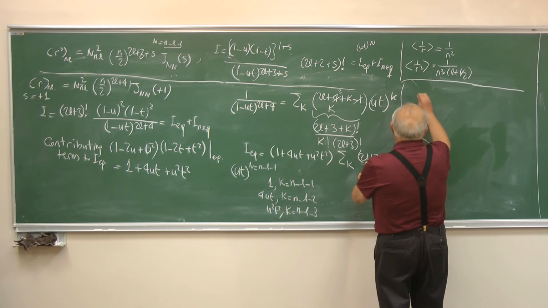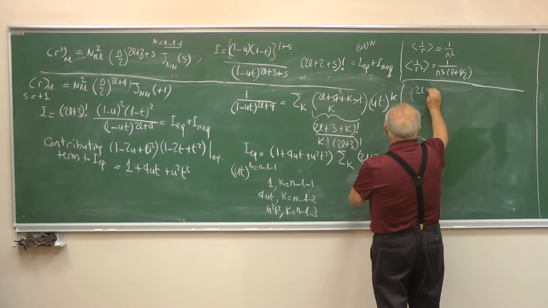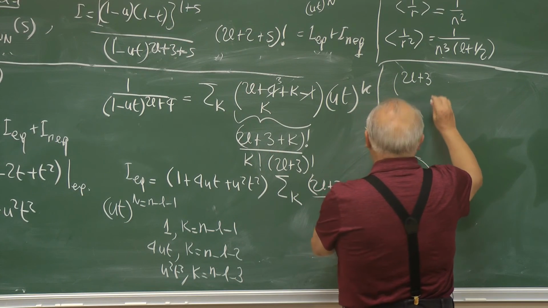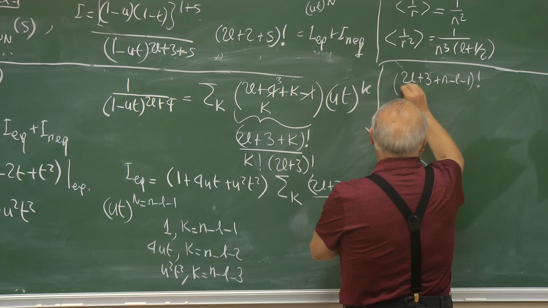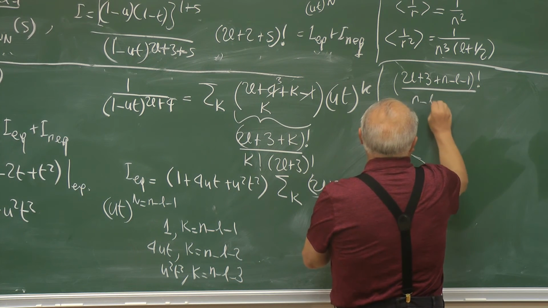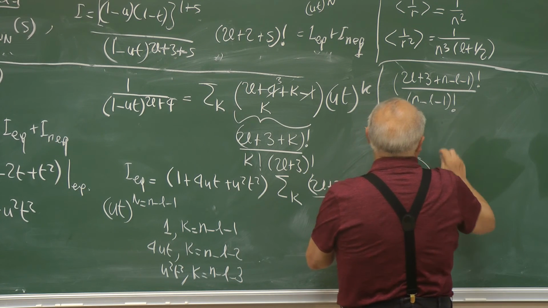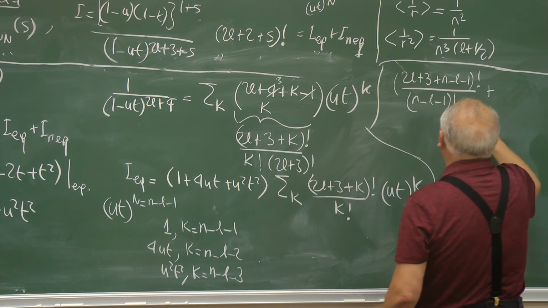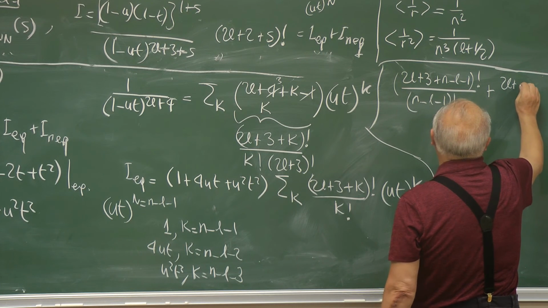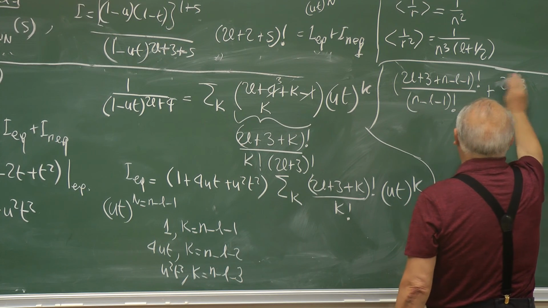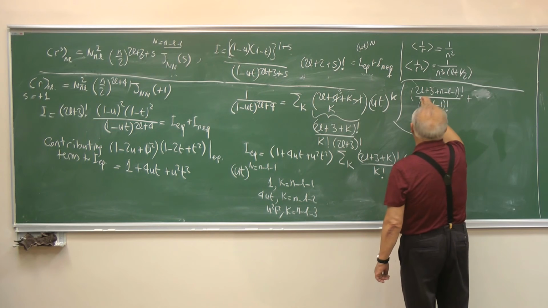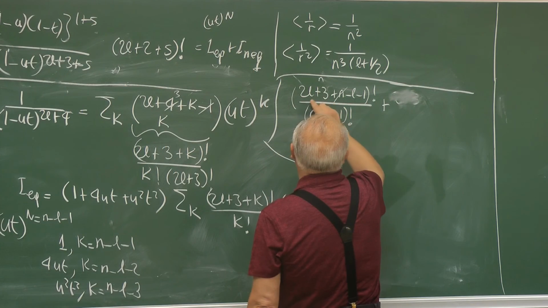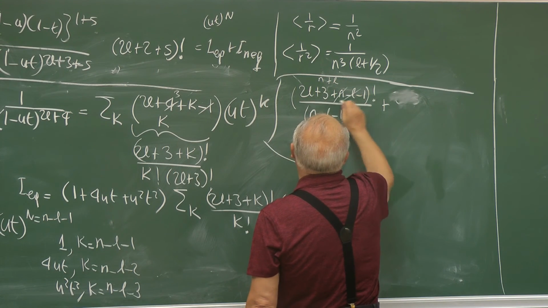So I will have (2l+3+n-l-1)! divided by (n-l-1)!, plus (2l+3)! First, let's work it out because the others will be subtracting from here. This is n, this is n, then I have an l, then I have a 2.